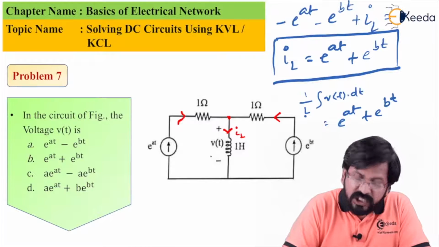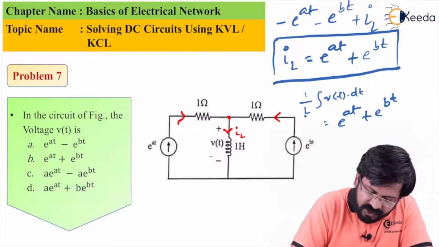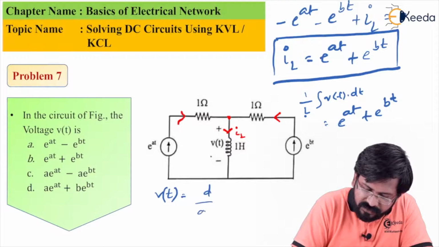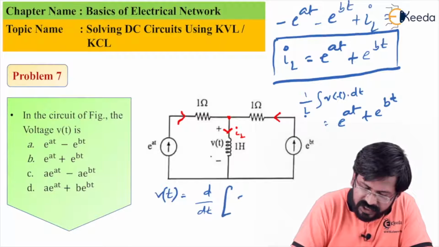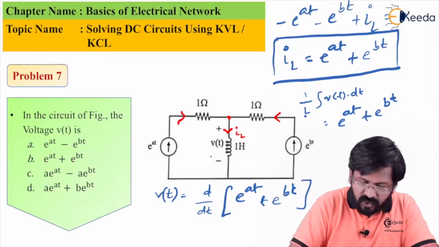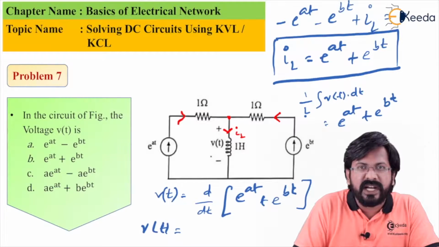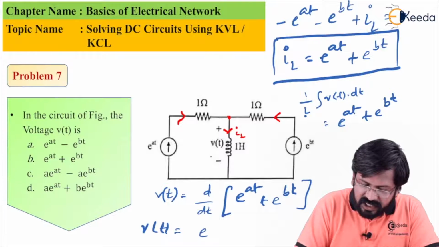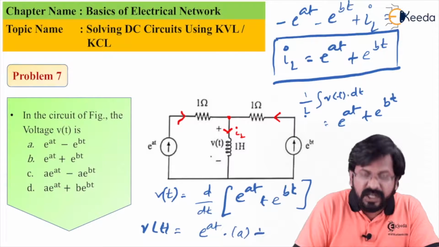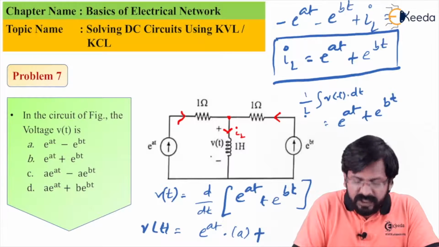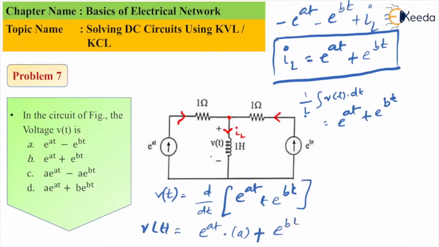So what do I get? A new expression for V of t: V of t is equal to the derivative of the right hand side, which is e raised to at plus e raised to bt. After taking the derivative, we get V of t as e raised to at, as integration is e raised to at, into a constant term a, plus the derivative of e raised to bt, which is e raised to bt into the constant term b.